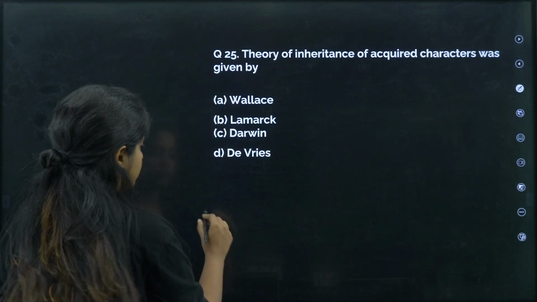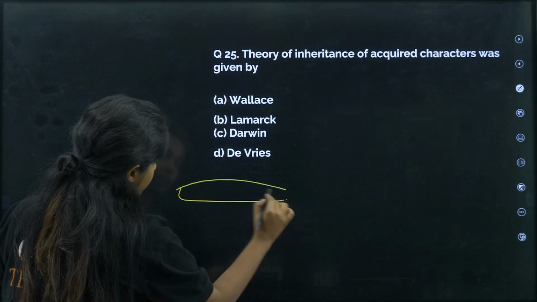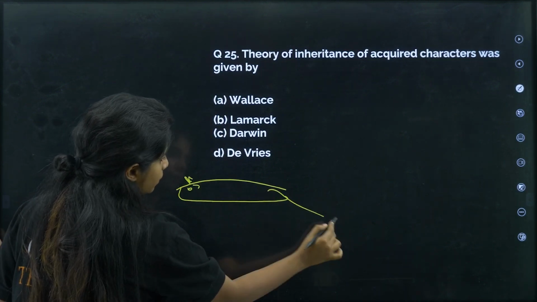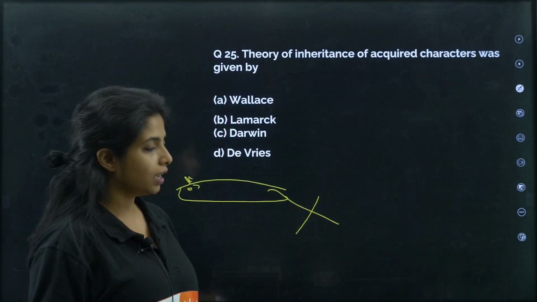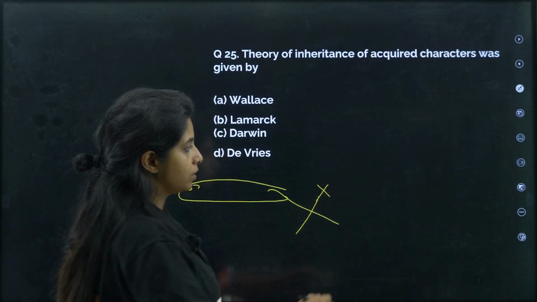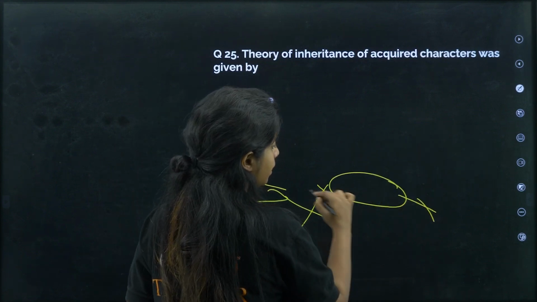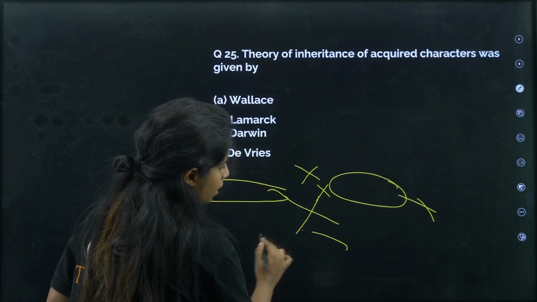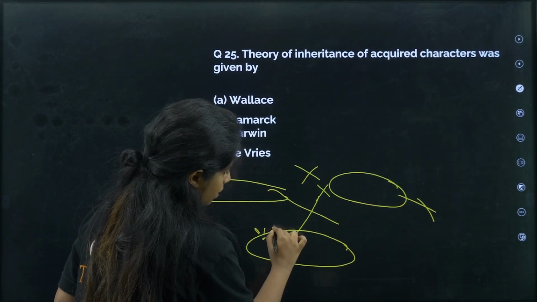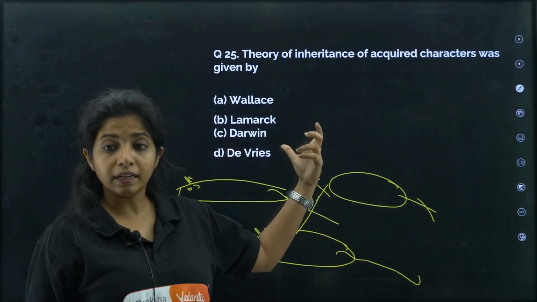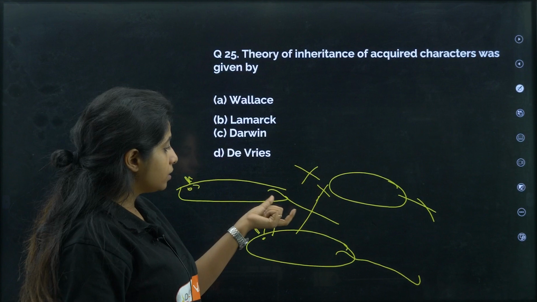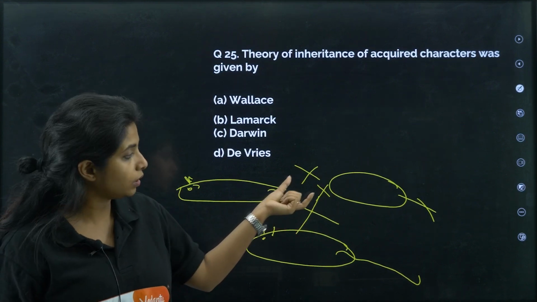For example, to prove that he is wrong, another scientist, what did he do? There was a mice, he cut its tail. Okay, he cut its tail, and now another mice, but again I cut the tail and made them breed, and now what did he have? A mice with a tail. If theory of inheritance of acquired character was correct, then this is something that I am acquiring, basically the small tail.